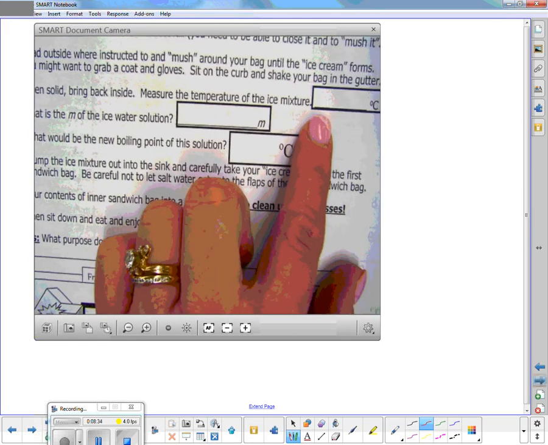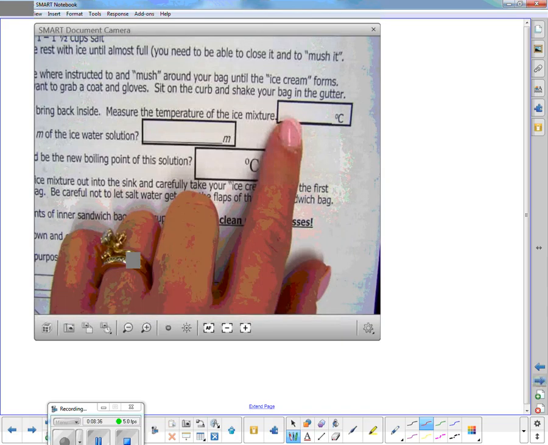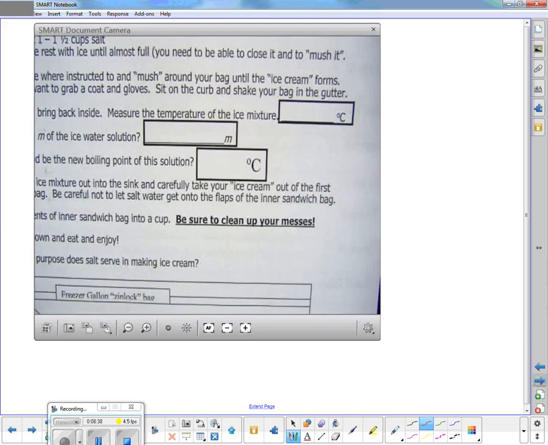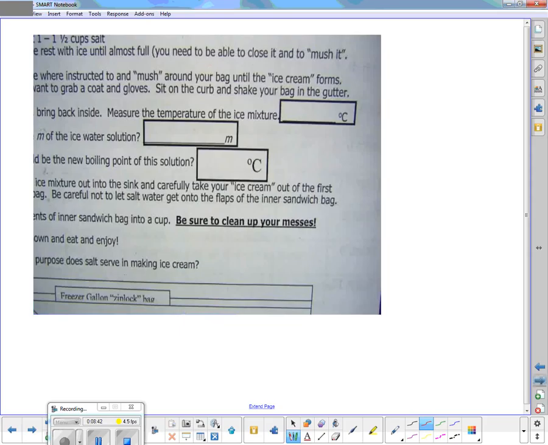But we found this temperature right here. You're going to use that same equation that we had up earlier, which was delta T. Right here's the temperature that you got for your ice water. Delta T freezing point equals Kf, the freezing point constant, times molality times I. So the last one we did was salt.